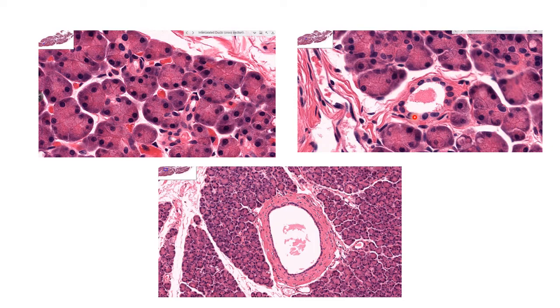The larger duct, but still within the lobule, is called the intralobular duct. However, if we move outside the lobule within the connective tissue between the lobules, we can see the interlobular duct, and many of these interlobular ducts merge to form the main pancreatic duct.